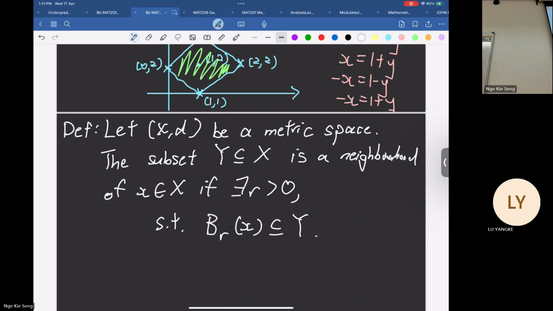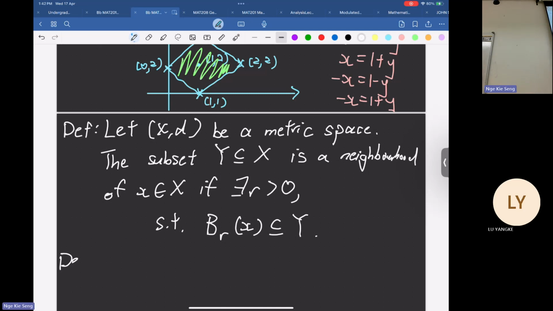So when you say Y is a neighborhood of some point, it is because you have a ball that contains you inside the set. So Taman Sansurian is your neighborhood because you got a house there that contains you. Okay, so this is neighborhood.